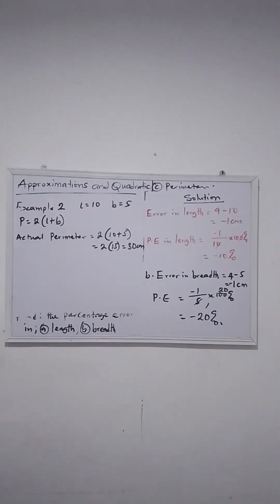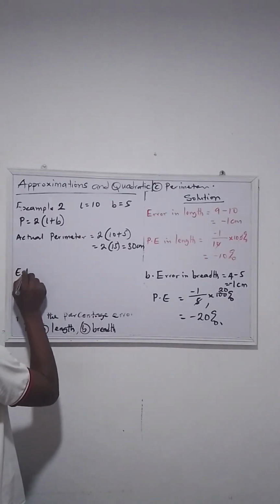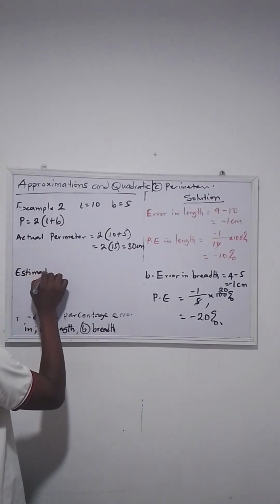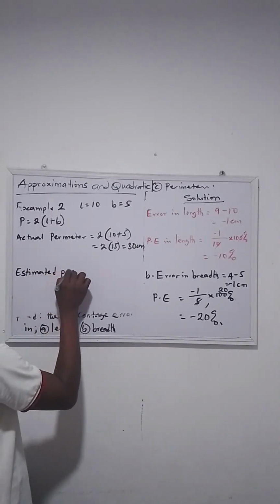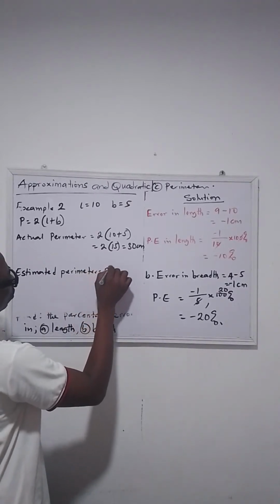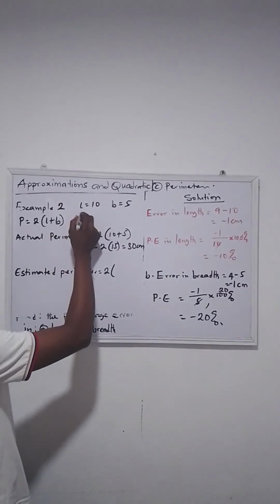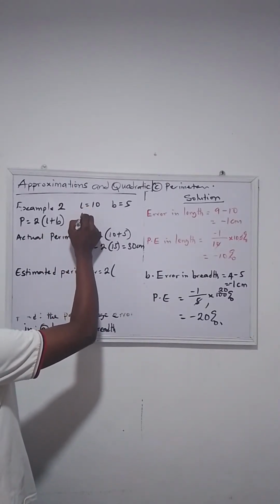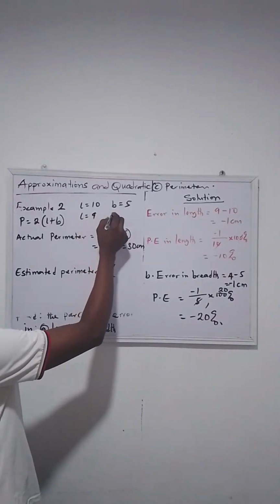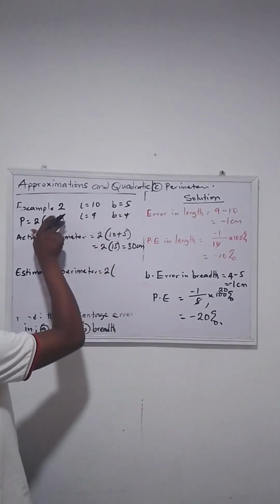So now let's get the estimated perimeter. So estimated perimeter now is going to be 2. Now we are making use of this formula. Now don't forget for the estimated perimeter, we have L equals 9 and the breadth is 4. So now let's plug these values into this equation.